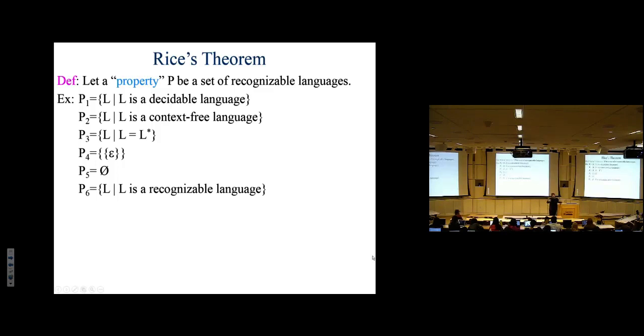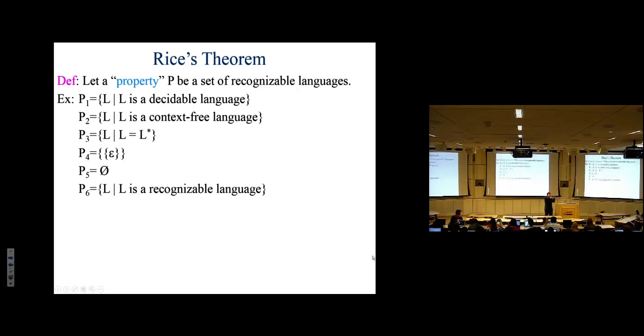That's a subset of all the recognizable languages, but a property is just a set of languages. I'm not attributing any kind of meaning to that other than it's just a set of languages that has this property. So if a property says the set, for example, of all context-free languages, the property of a particular language is whether it's context-free or not, whether it's an element of this set or not, of languages. It's not a set of strings, it's a set of languages.